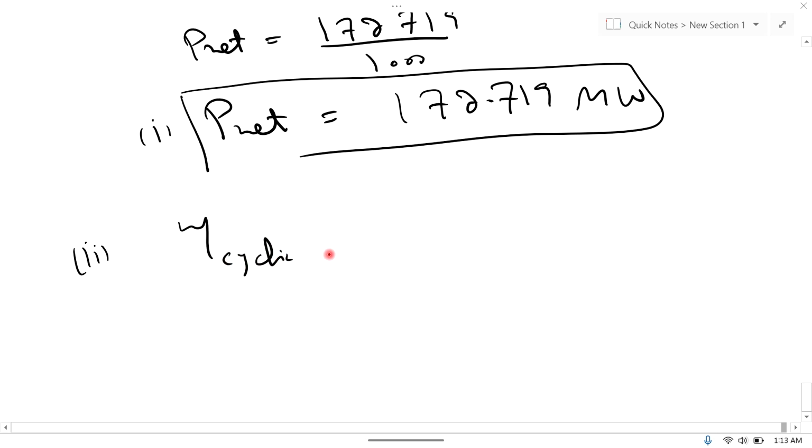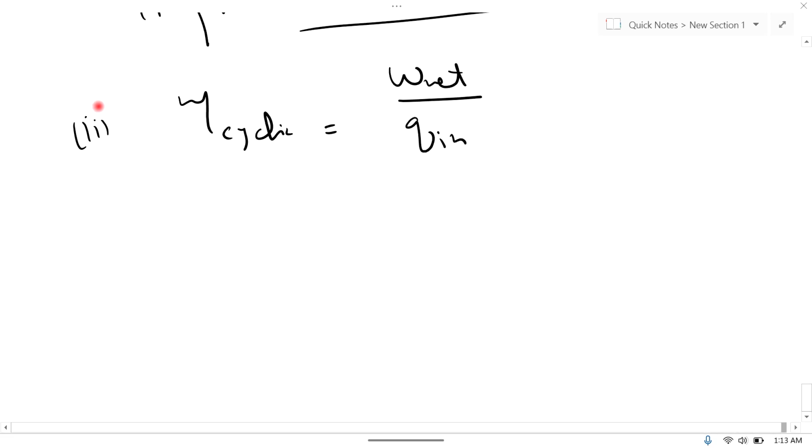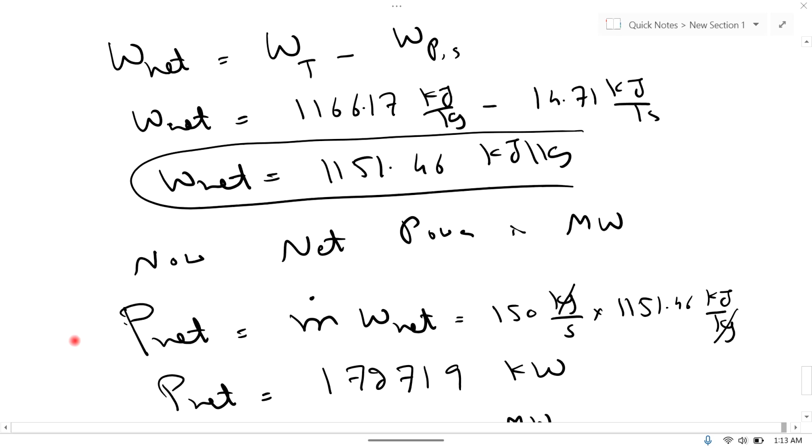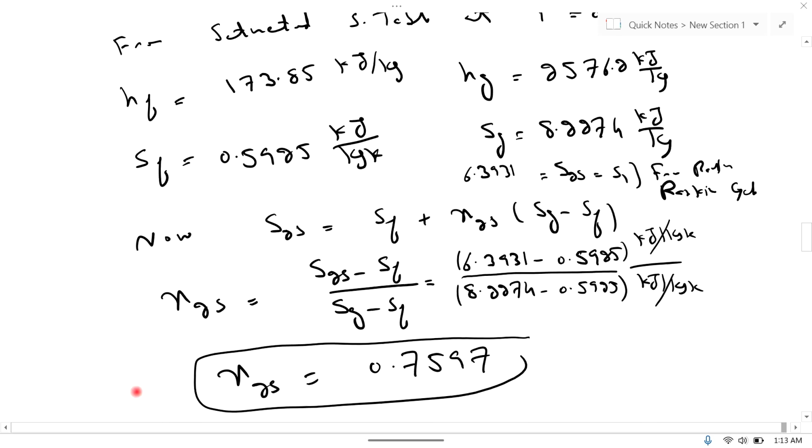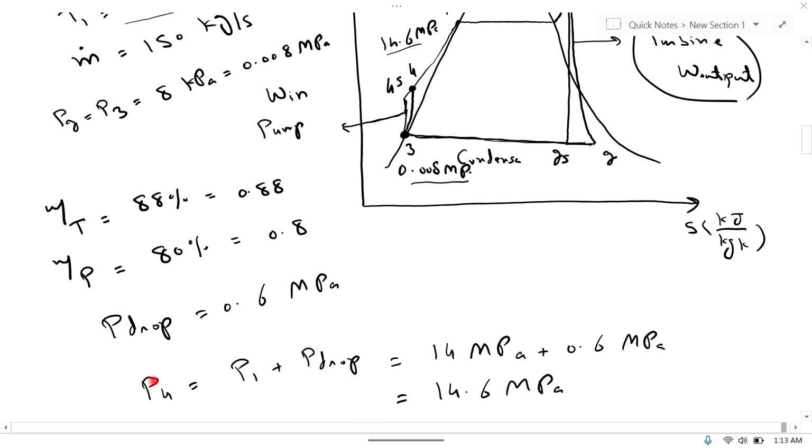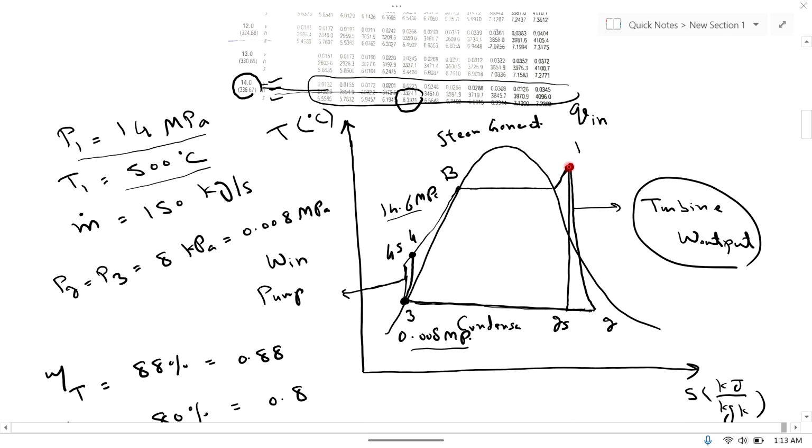Second, find the cyclic efficiency. Cyclic efficiency is equal to output divided by input. Output is net work and input is Qin. To find Qin from the Rankine cycle, Qin is the heat supplied in the steam generator, which is equal to H1 minus H4. If we check the Rankine cycle, heat is supplied from 4 to 1. This is the steam generator.